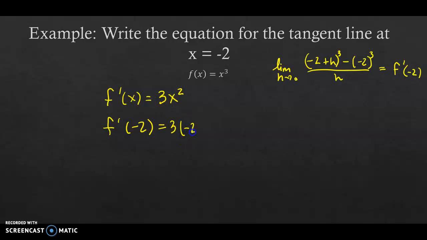Just to be very clear about the way order of operations works, this would be 3 times 4, so that would be 12. And so that means that we have our slope of 12. And the x-coordinate is negative 2, so the y-coordinate is going to be f of negative 2, which would be negative 2 cubed.